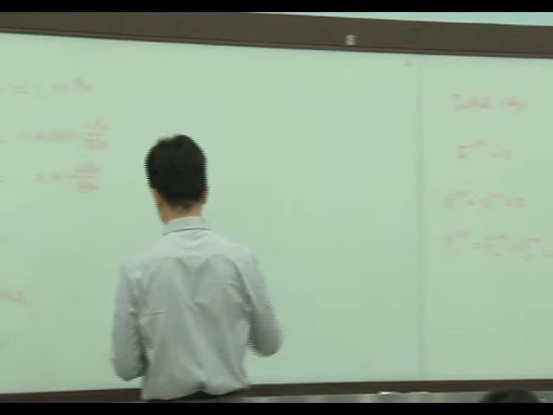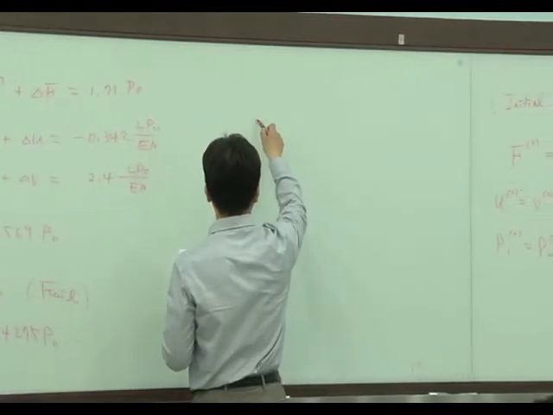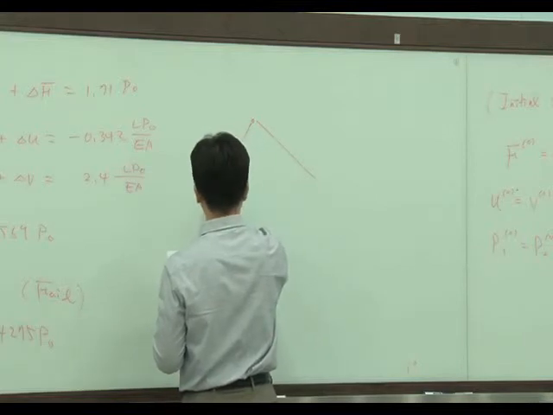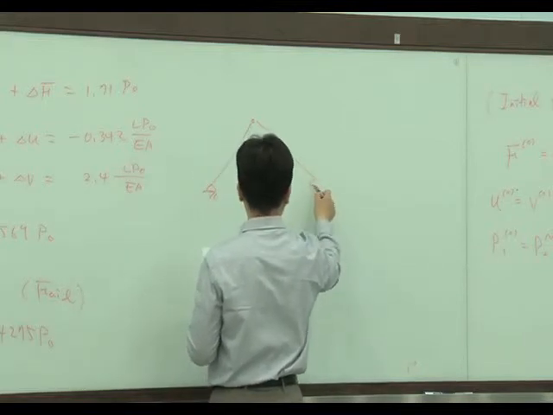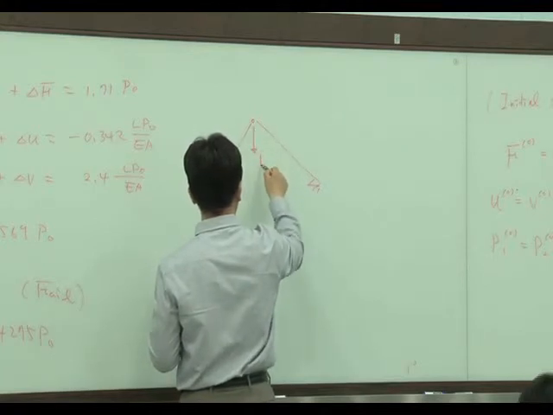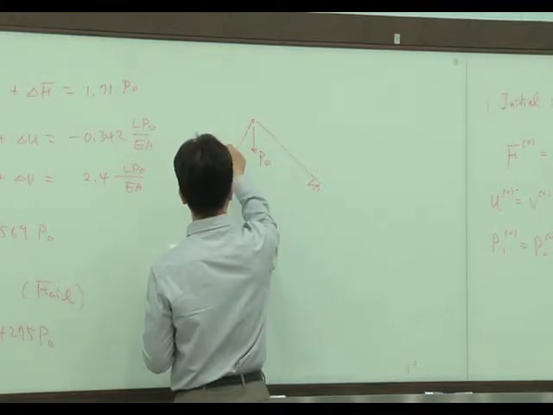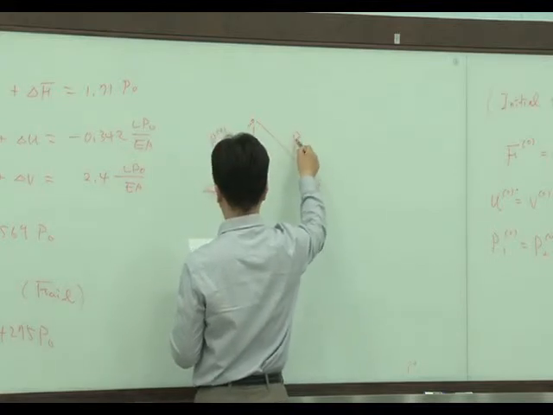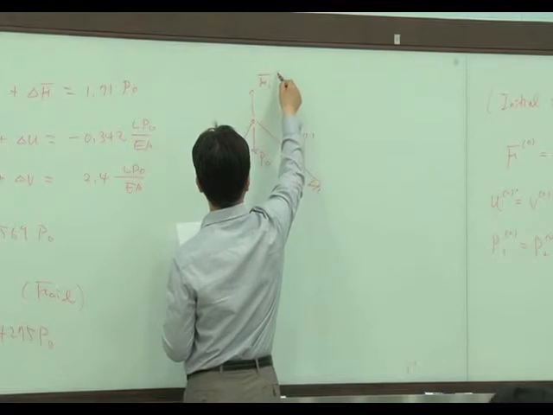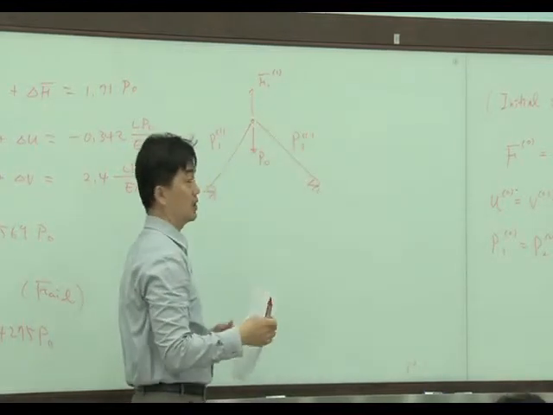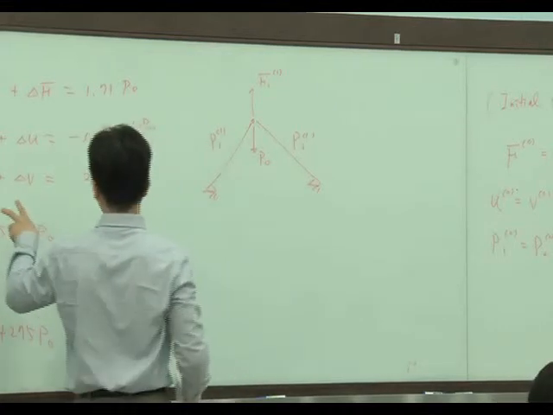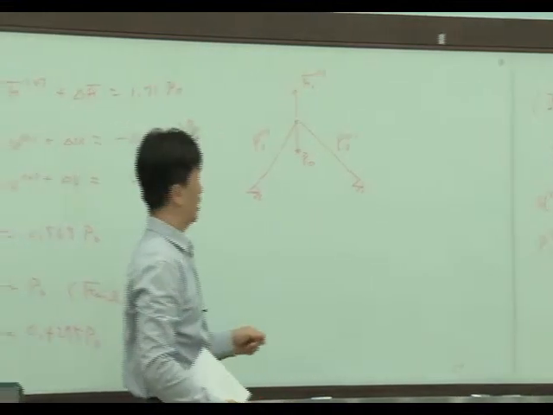So we have 3 members. But when the second member fails, P0, P1, P3, this is F1, the end of the first step.